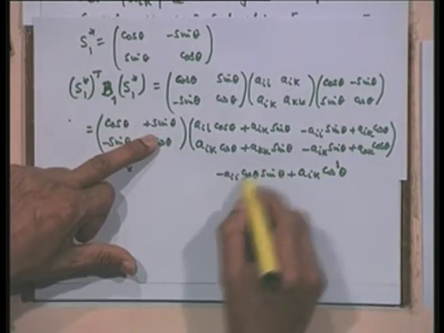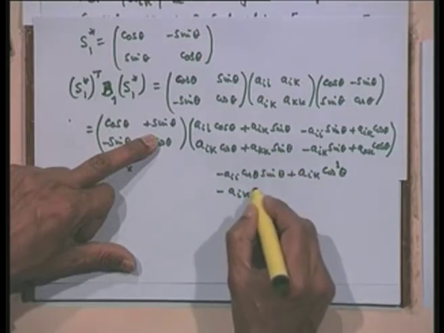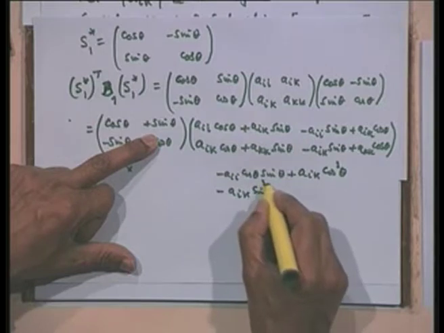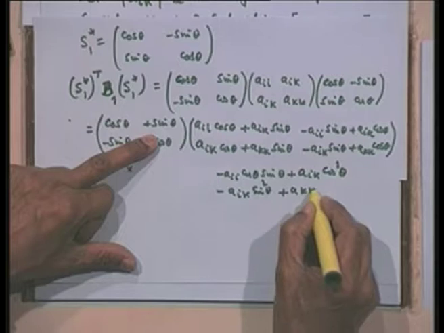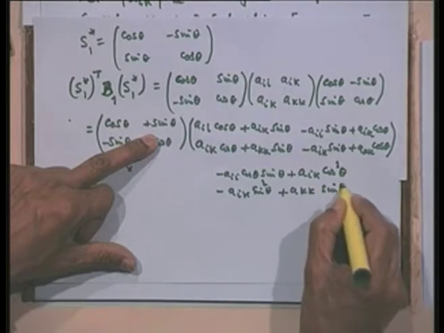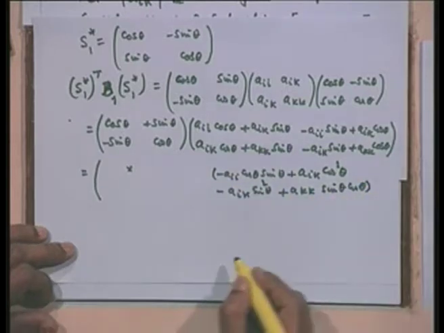So this will be minus Aik sin theta into sin theta, sin square theta, plus Akk sin theta cos theta. So, let us put a small bracket here.